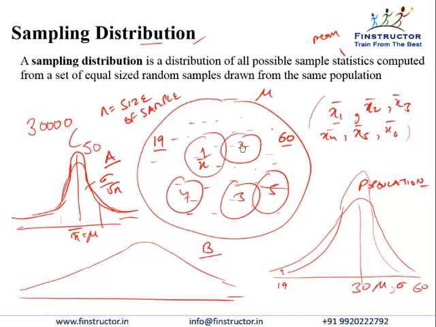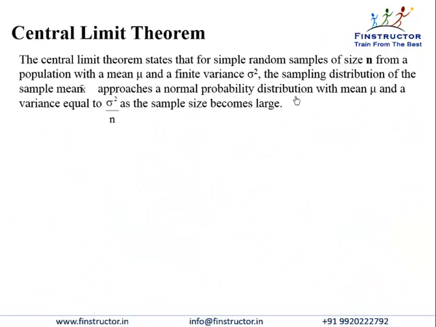Sampling distribution is a distribution of sample means. Why we need it and what is the big advantage of doing this calculation, we will see in the coming slides. However, for now, I just want you to understand very well what is the definition of the sampling distribution and why it has a lesser dispersion.